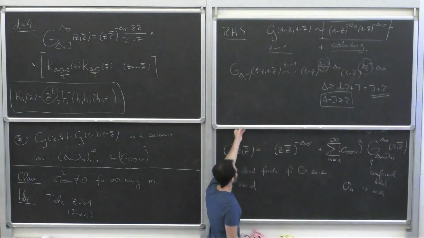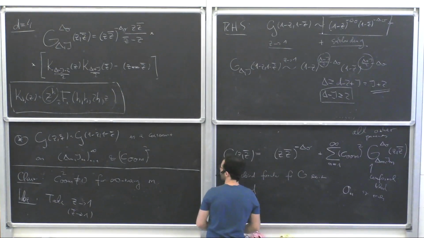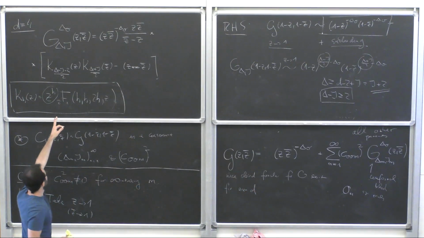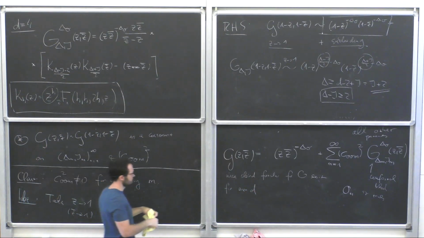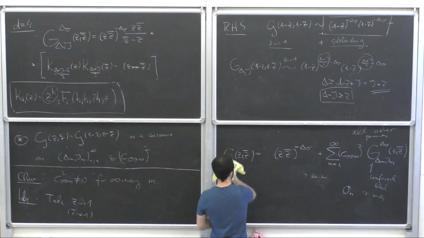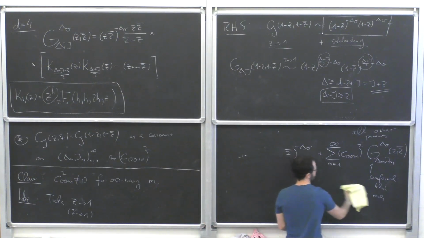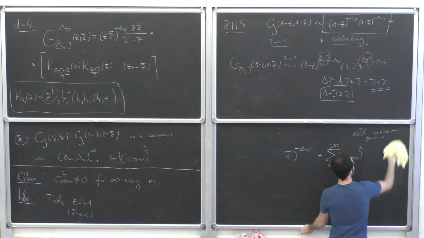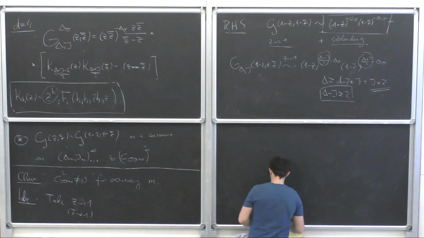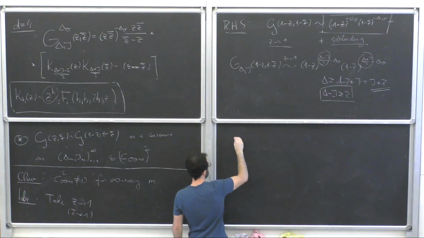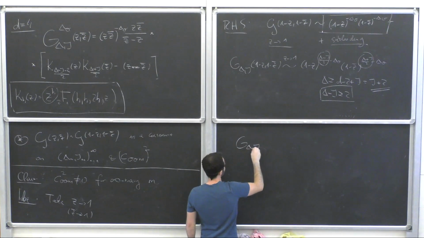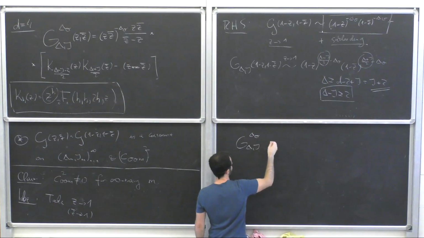Now, from the point of view of the left-hand side, we need to take the z goes to 1 limit of these special functions. And you can check in Mathematica that they diverge slower.